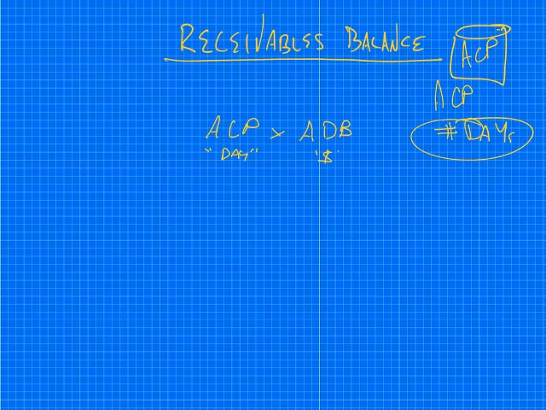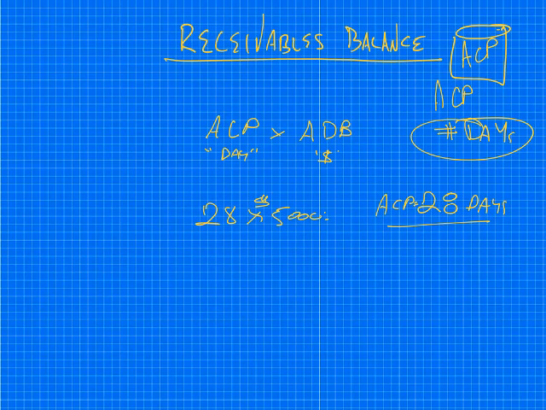Let's go through that. Let's say for this example that your average collection period is 28 days. You've calculated it out. Your ACP is equal to 28 days. So we're going to plug that in here: 28 times, and let's say that your average daily billing that you're receiving, again daily, is $5,000.